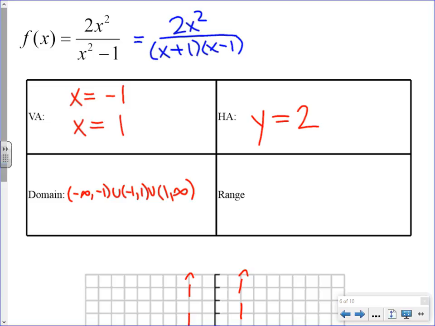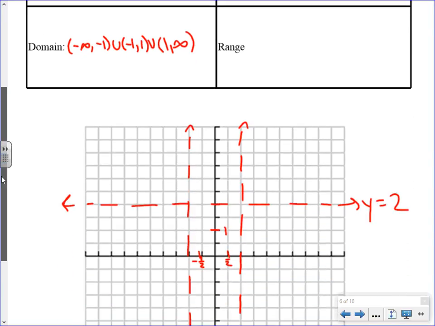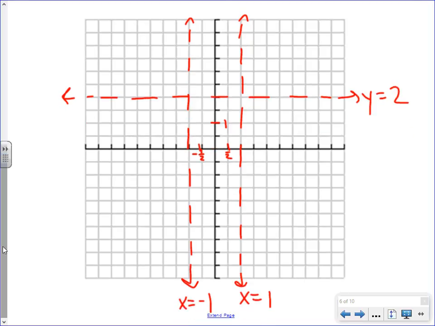Okay? So now we get to come down here and draw in our curve. Your vertical asymptotes have broken this graph up into 3 different pieces. Let's just pick a side of the asymptote to start with. So we have an asymptote at x equals 1.